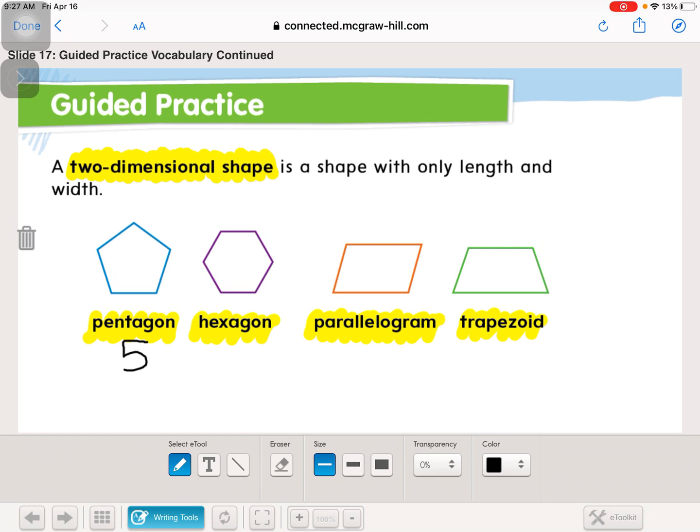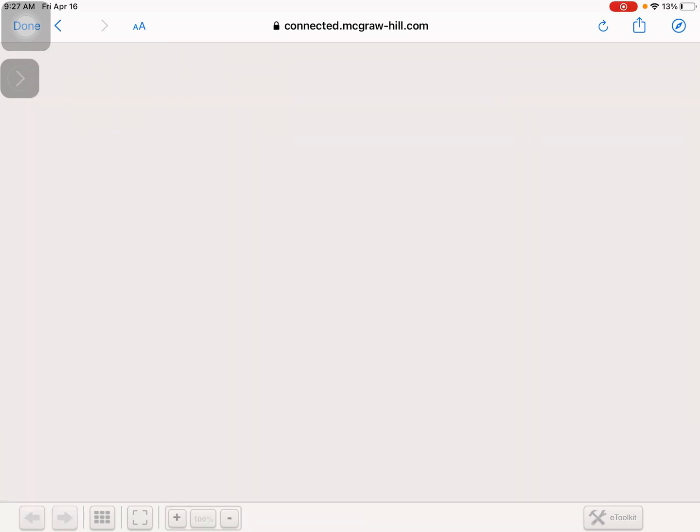Hexagon, we did talk about, remember the X, 6, so it has 6 sides. A parallelogram has 4, it's a 4-sided figure, but the sides are slanted at an angle. And then trapezoid also has 4 sides, but it has 2 that are the same and then 2 that are different. That top one is smaller than the bottom one.